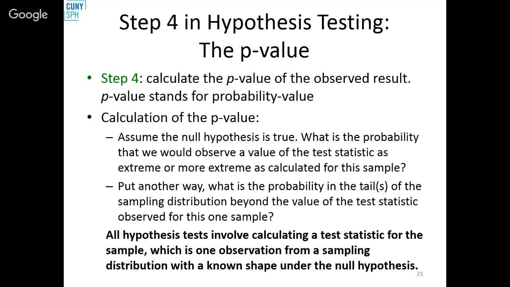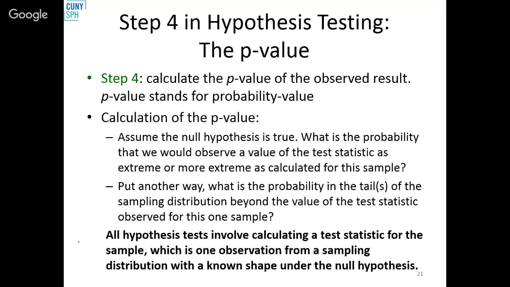It's the probability to the right, if it's a positive value of the test statistic, plus the value on the left from the negative of your test statistic, which for these symmetric distributions is just twice the probability as under that one tail. Or put another way, what's the probability in the tails of your sampling distribution beyond that value of the test statistic that you observed in this one sample?